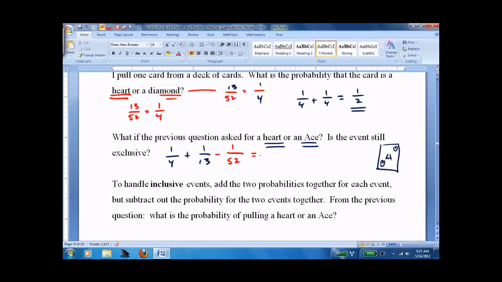So that is mutually exclusive events that have an inclusive aspect. Add them together like you did before. Subtract out the one that overlaps.